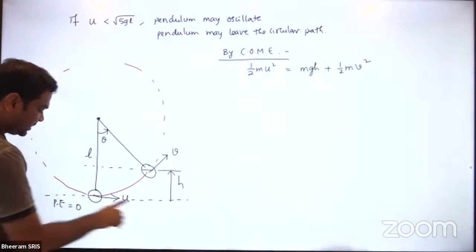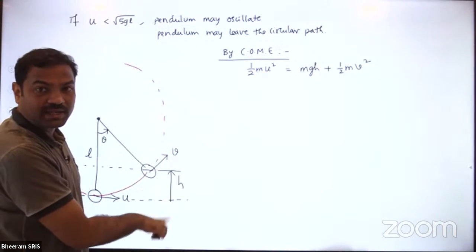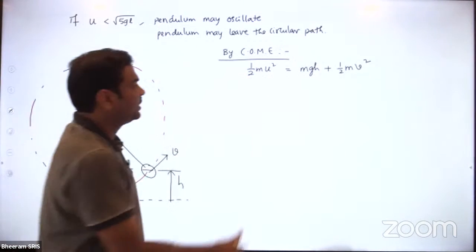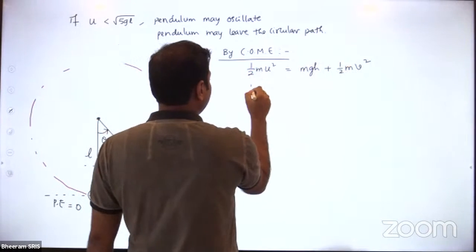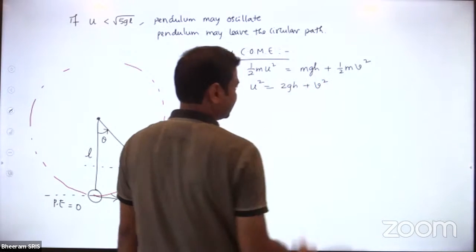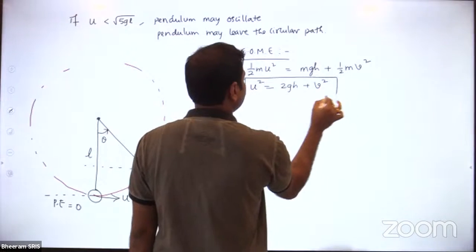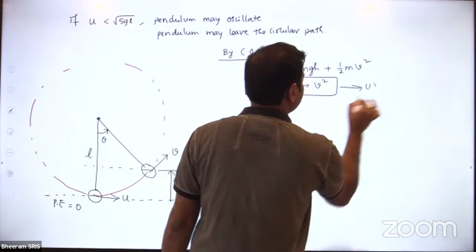Mechanical energy is conserved. Cancelling m, I get u square is equal to 2gh plus v square. So this is one relation.